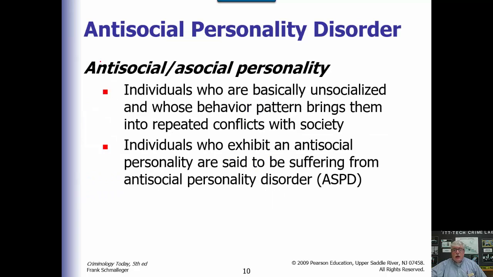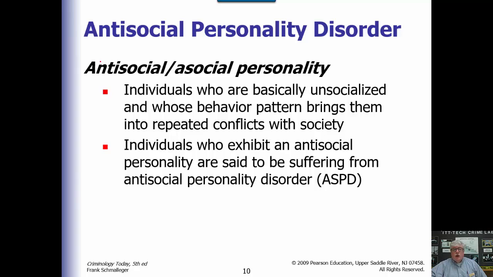All right, antisocial or asocial personality. As I said, as science or psychology and psychiatry looked at these things a little bit further, basically the titles change. If you look in your book in the explanation of what antisocial or asocial personality is, it's basically an extension of the sociopath, psychopath idea. So here we have people that are not socialized. A behavior pattern brings them into repeated contact with society, so they're antisocial, having problems with society.